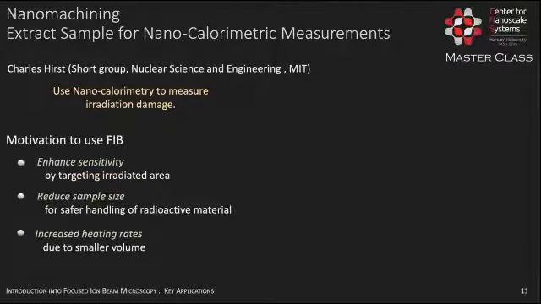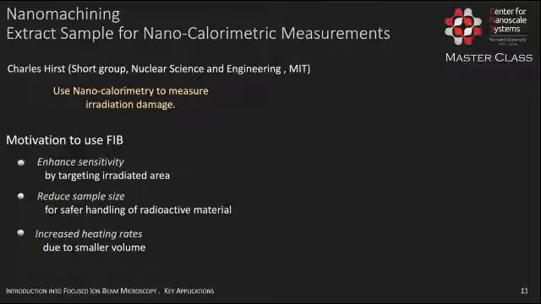There are several factors that motivate the use of focused ion beam. First of all, the irradiation happens only in a certain surface area. And if you're using bulk instruments, you have less sensitivity because you're measuring also the behavior of the bulk sample. So with the focused ion beam, he can go in and target specifically the irradiated area.